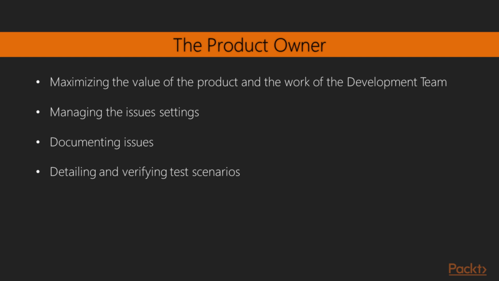This video will focus on the detailed activities that Amelia implements in Jira at the beginning, during, and at the end of the sprints, such as managing the issues configuration and documenting the same, and verifying the quality of the sprint thanks to testing. All those activities enable the development team to implement quickly and with accuracy high-quality working software. We will work on the other aspects of Amelia's day in the upcoming sections of this course.